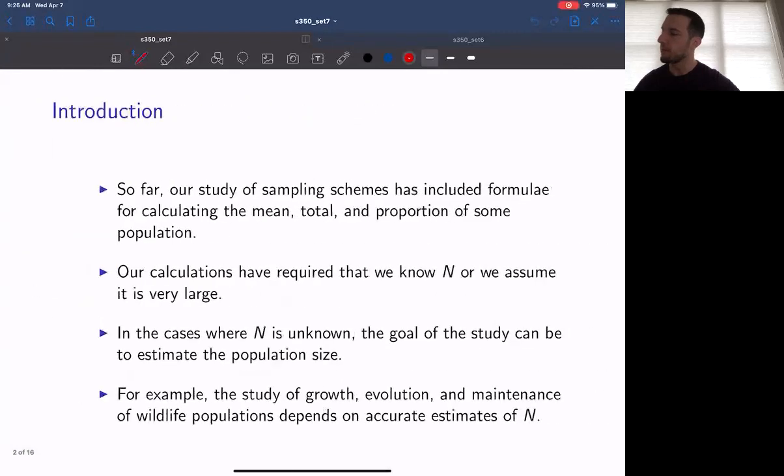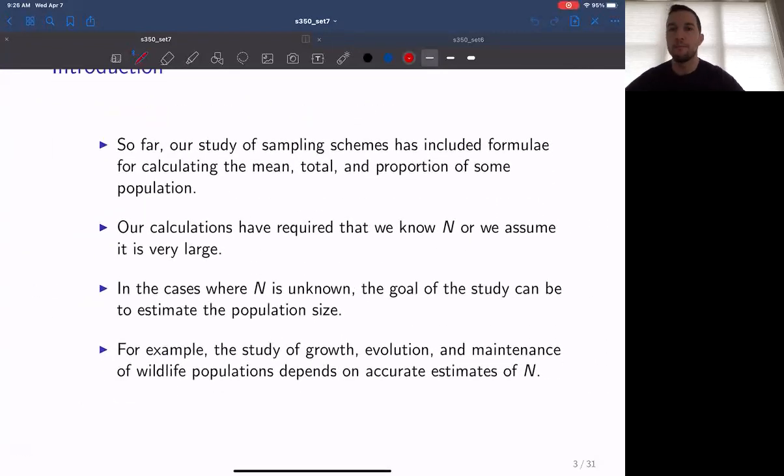For example, when we want to estimate a population total, or even when we want to estimate the bound attached to a particular estimate, we require capital N, the population size. If we don't have the population size, we will typically just assume that it's very large, so we can, for example, ignore the FPC. But if we want to estimate a population total and we don't know the population size, this creates an issue for us because we need population size to estimate said total.